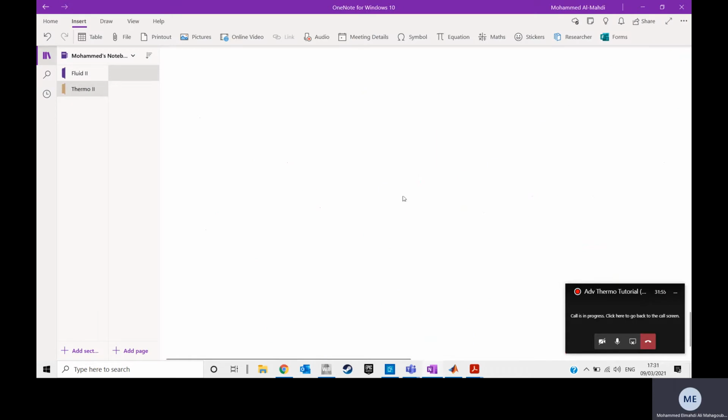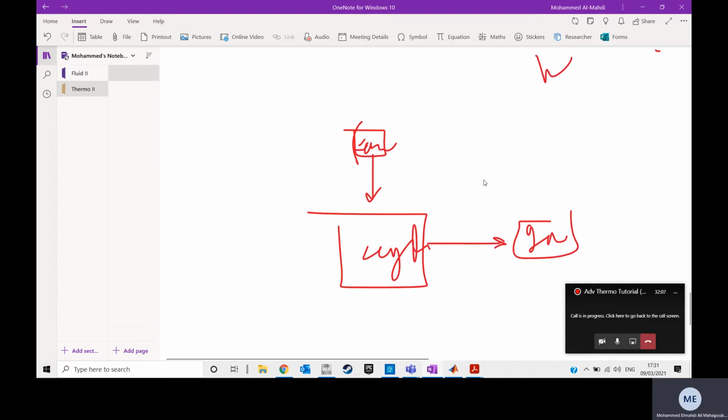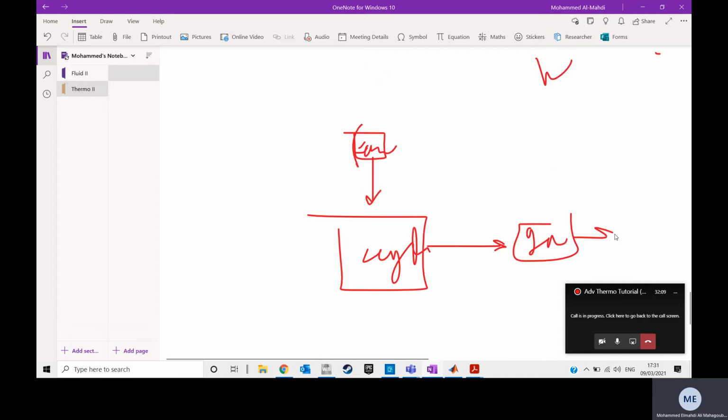This is the cycle, and this is the generator, and this is the combustion or the furnace where the combustion happens. Let me say this is the N, the actual N for the fuel. Let me call this the combustion here.